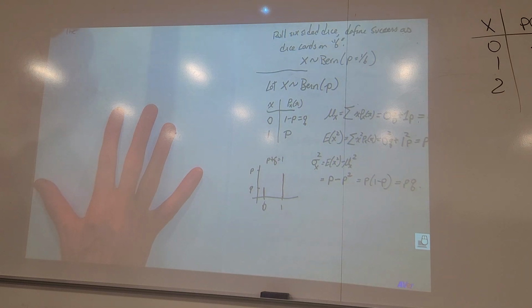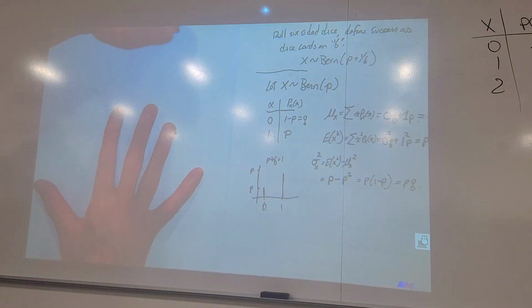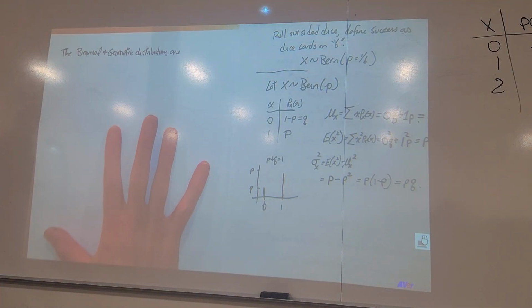The binomial and geometric distributions are what? What's back? Projector. Yeah, it's doing that. We might have to do a little experiment on this.